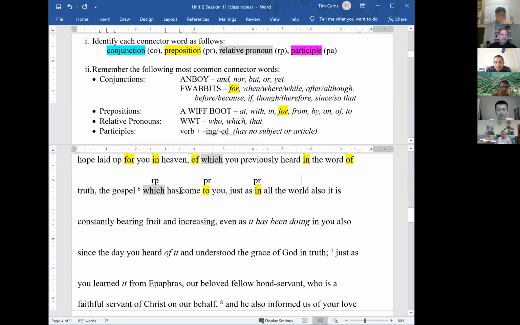And also, there is no also. Let me check. Correct. Also is not a connector word. So it is constantly bearing, I think, is a participle. Bearing looks like a participle, right?